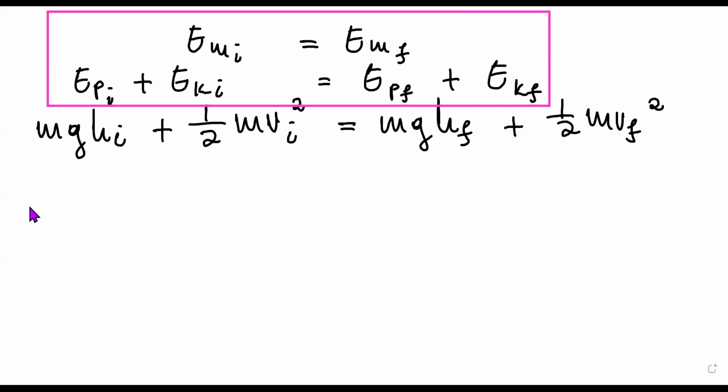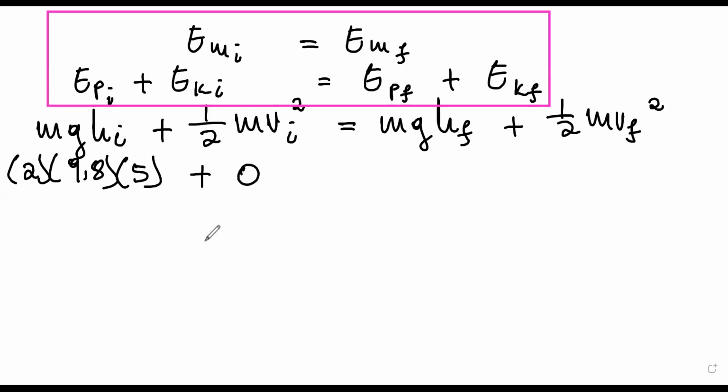Okay. So now we need to say the mass of this box is 2 kg and the gravitational acceleration is 9.8. And initially, it was at a height of 5 meters above the ground.